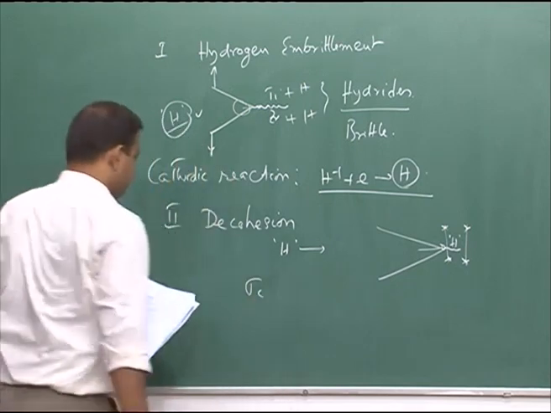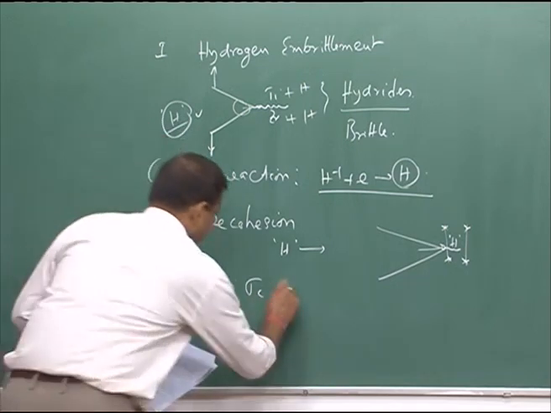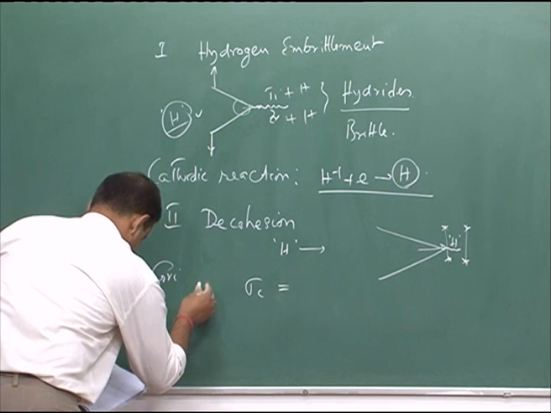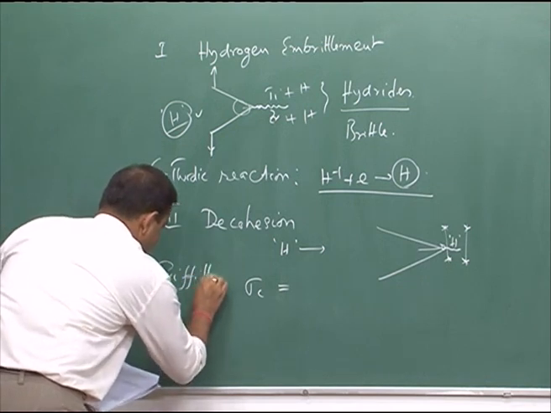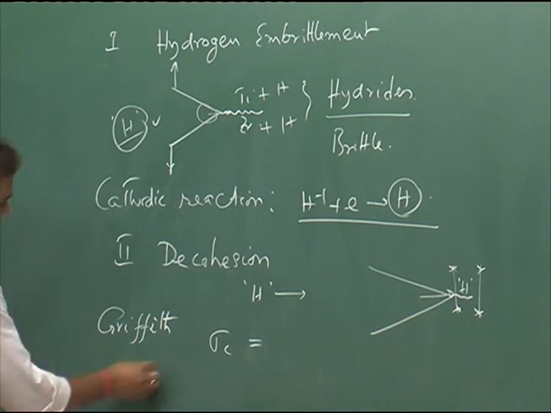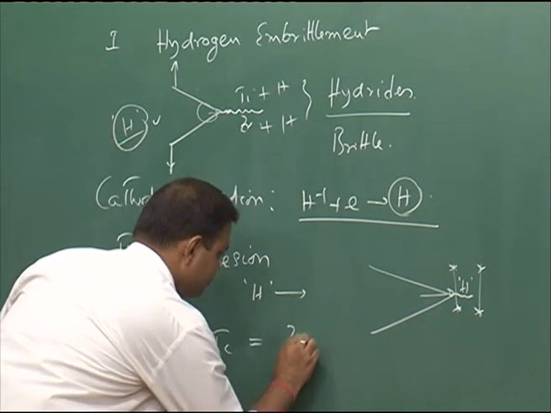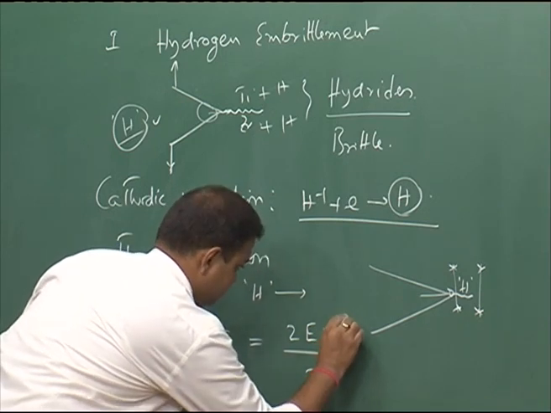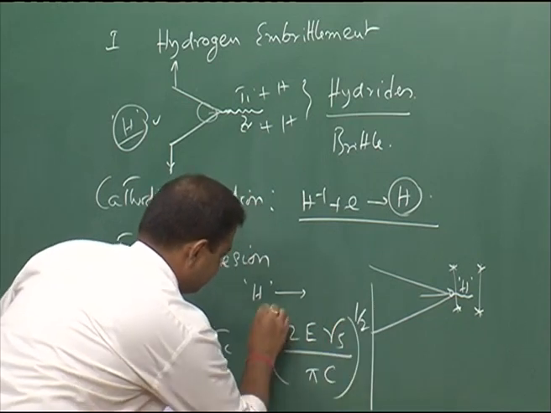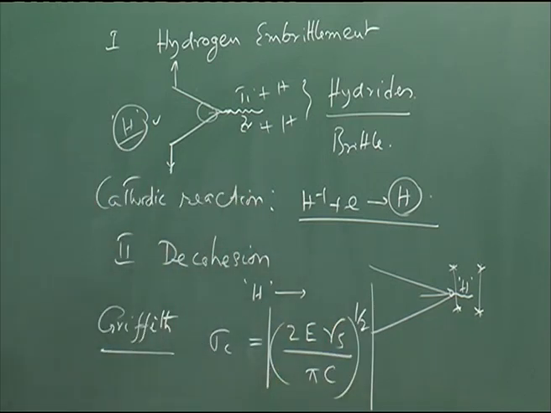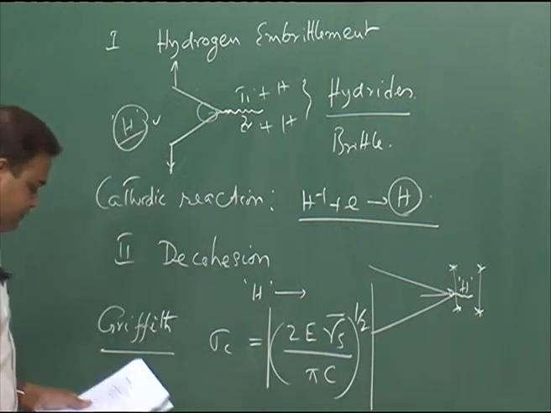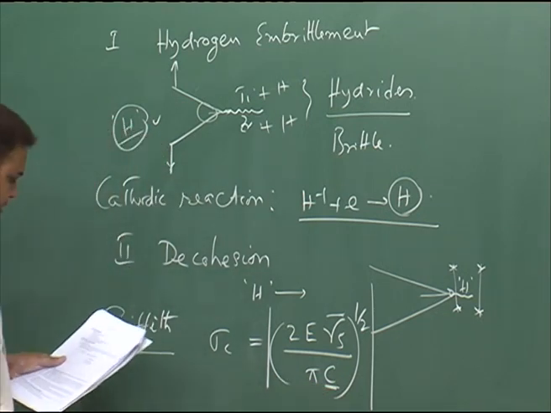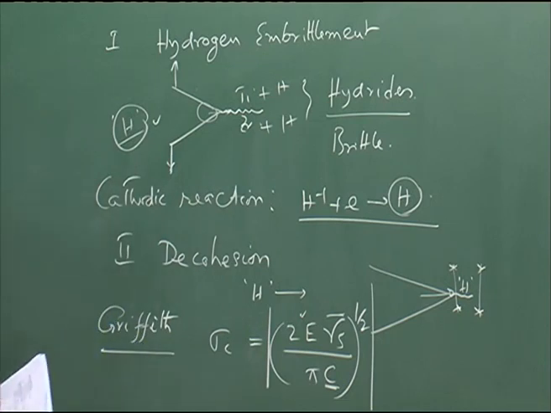If you consider the fracture stress, there is a relation, the Griffith relation, where fracture stress is related to the surface energy, C is basically half of the crack length, and E is the elastic modulus of the particular material.